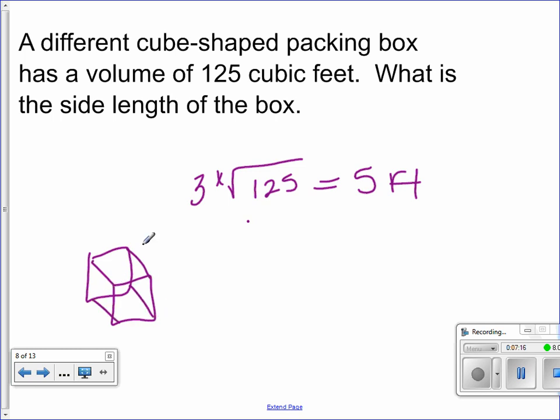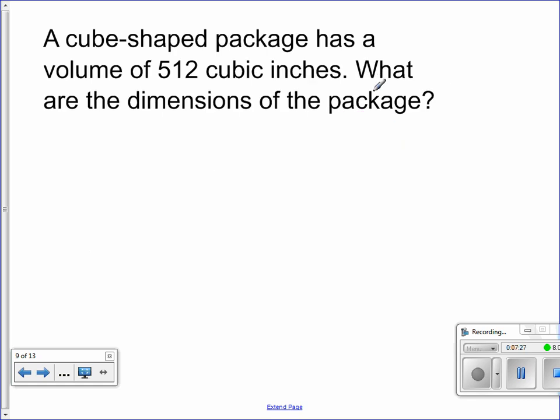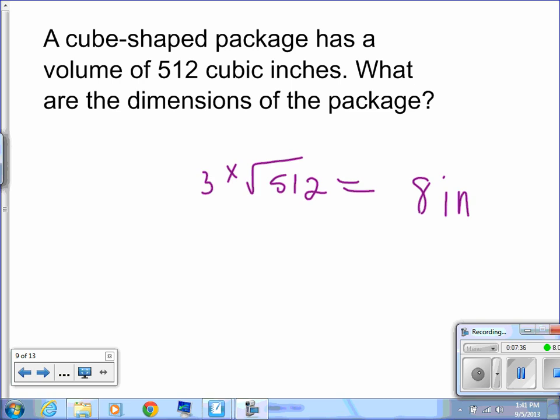So find the cube root of 125. We got our answer of 5 feet, and we want to make sure it's labeled because it's labeled in our problem. Try this one on your own. You should have gotten an answer of 8 inches for this question.